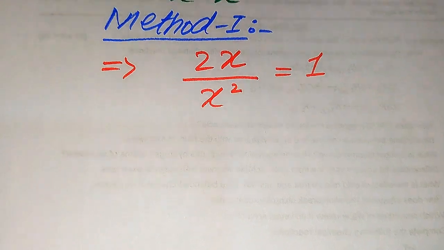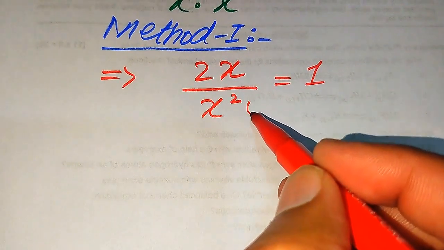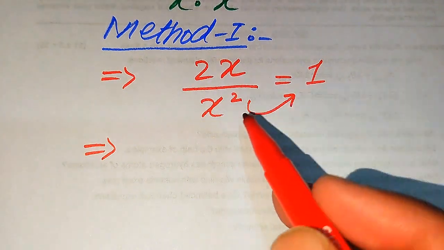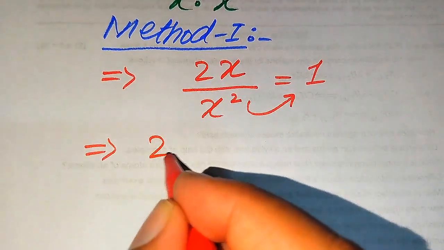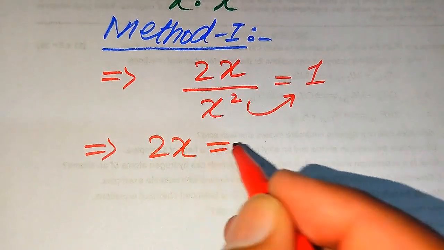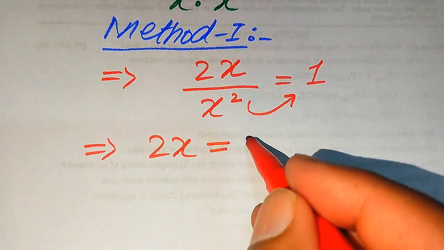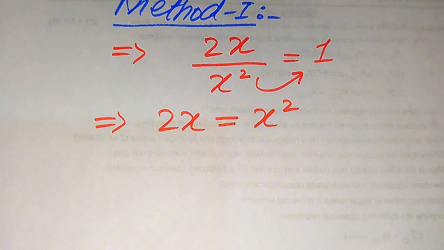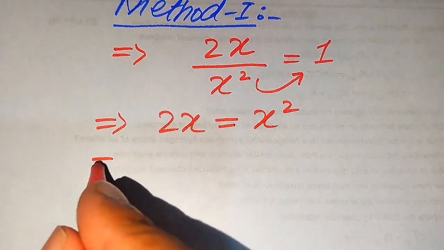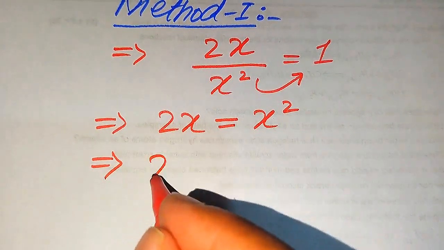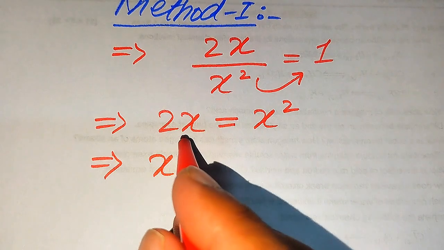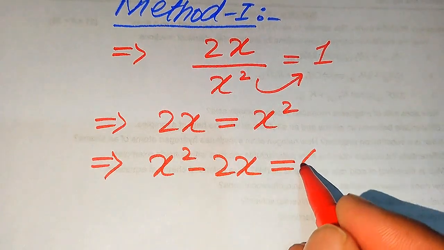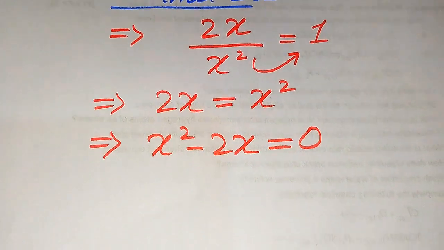Further, in the next step, we need to move this x square to the right hand side. When we move it to the right hand side, x square is multiplied by 1, and it becomes 2x is equal to x square. Further, in order to find the values of x, we need to move this 2x to the right hand side, and it becomes x squared minus 2x is equal to 0.